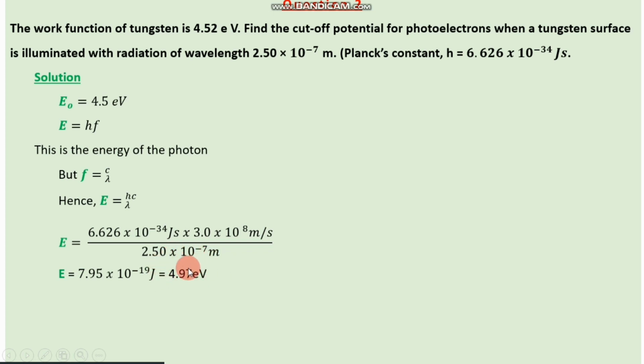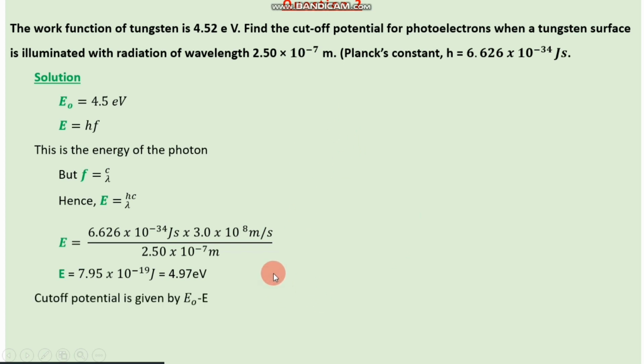As you can see, 4.97 electron volts is higher than 4.5 electron volts. This means that the radiation illuminated on tungsten has higher energy than the work function. So 4.5 of this 4.97 energy will be used to cause the photoelectric effect, and the remaining energy, which is the difference between these two energies, will act as the cutoff potential.